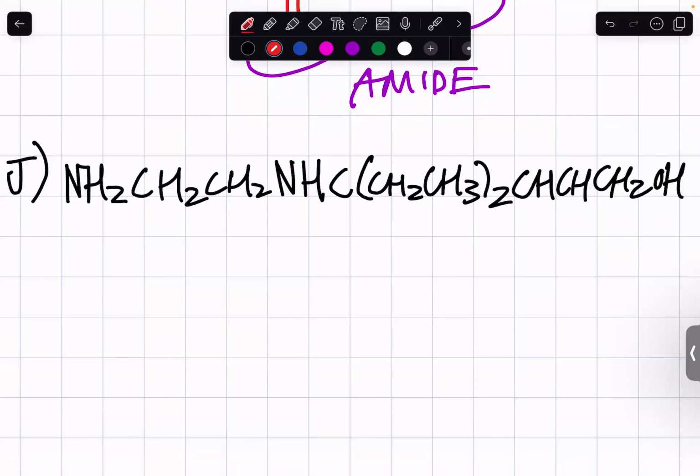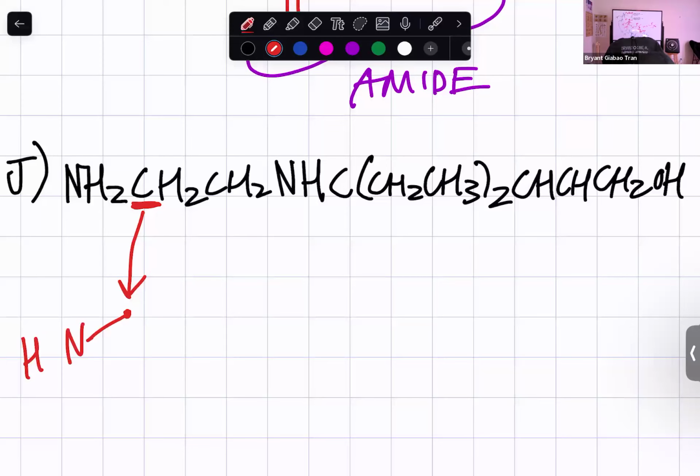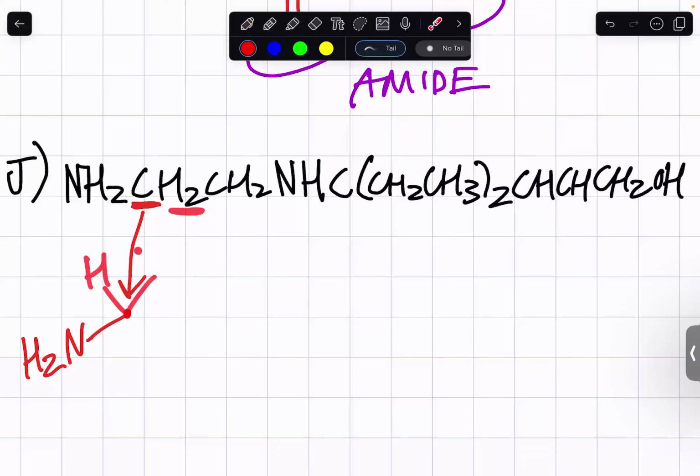I think that our central atom is going to be that first carbon. I want to say that the carbon's attached to first the two hydrogens, but then also the NH2. Which is the NH2 right there, and the two hydrogens right here, which are invisible.